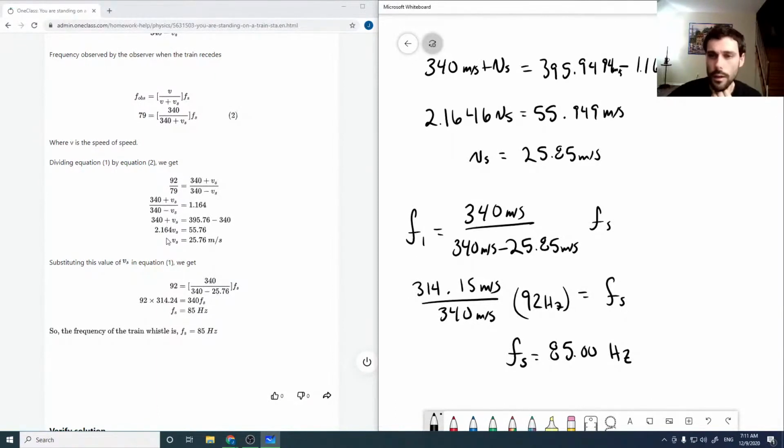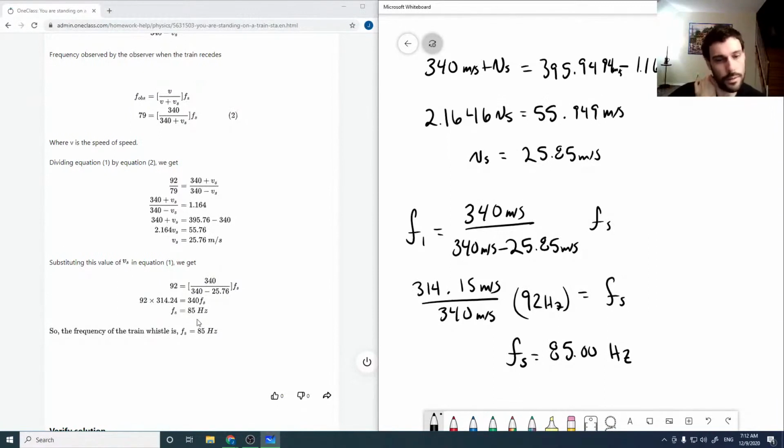I don't know why. 2.164, 55.76, 395.76. I don't know where that comes from. 1.164. Looks like some kind of calculator error. I don't know which side it's on.